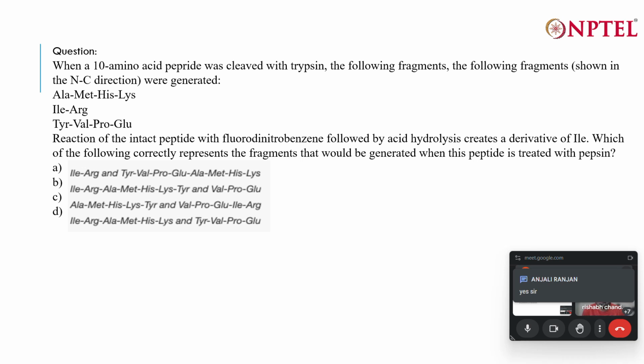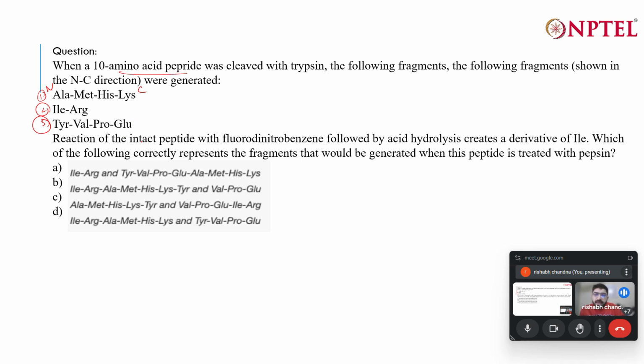So we have a 10 amino acid peptide that was cleaved with trypsin. The following fragments were obtained, and these are in the N to C direction. That means this alanine is the N terminal, free N terminal, and lysine has the free C terminal. So this is the first fragment, second fragment, third fragment after treating a 10 amino acid long peptide with a trypsin molecule.